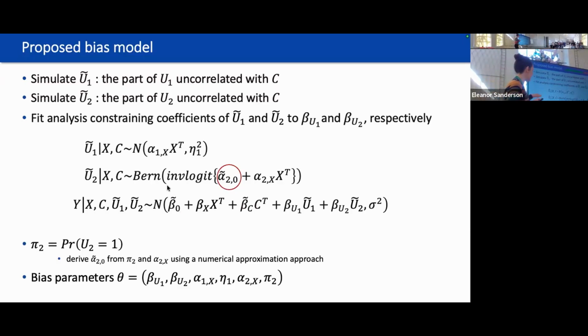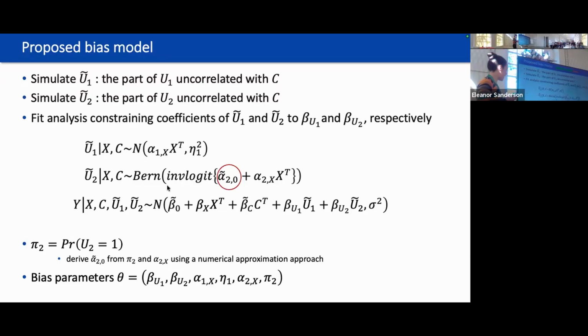When we're simulating the proxy for U2, we simulate it using the relationship between the original U2 and the exposure. But we also need an intercept term, which is difficult for the analyst to think about. They don't tend to be reported in papers.